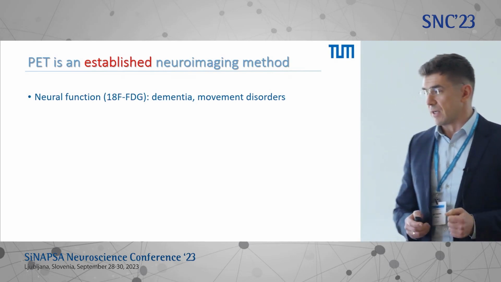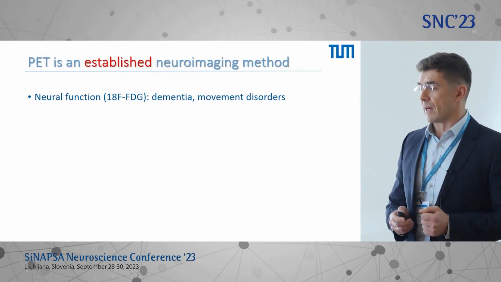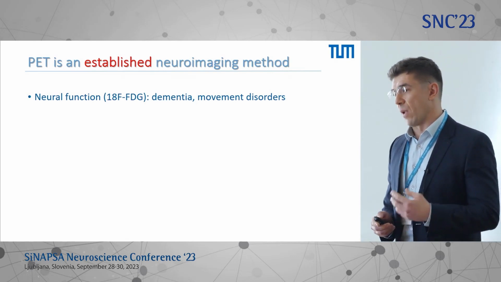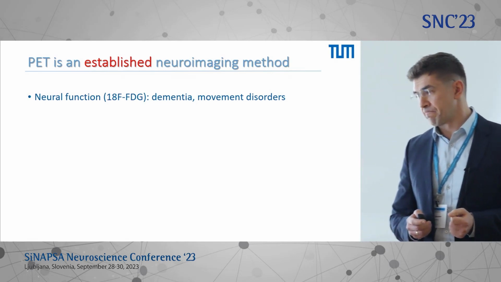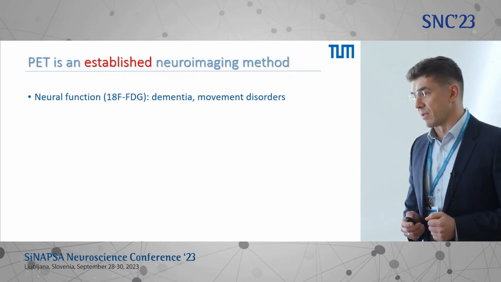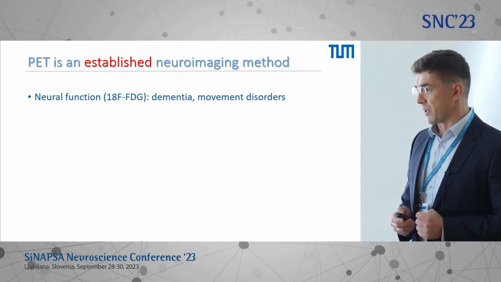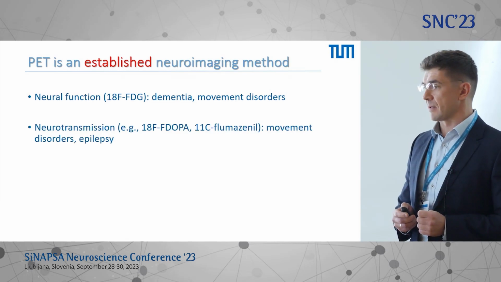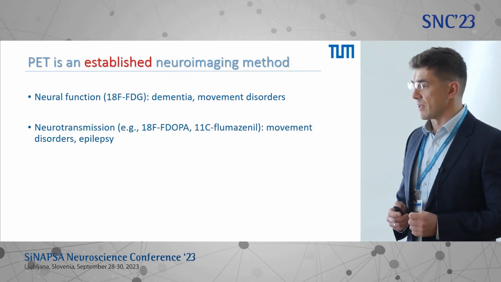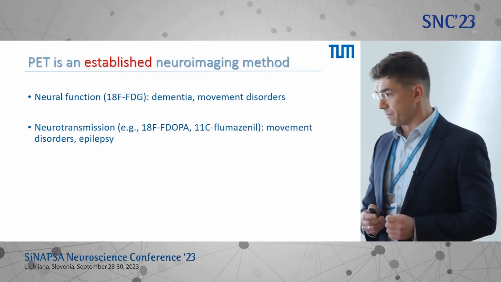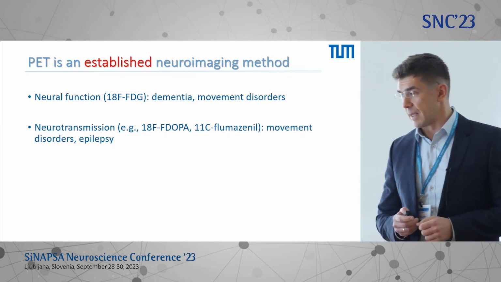Here are a few examples of clinical indications where PET is routinely used. One example is neural function in dementia and movement disorders using FDG PET, and neurotransmission using tracers such as FDOPA and flumazenil in movement disorders and epilepsy.